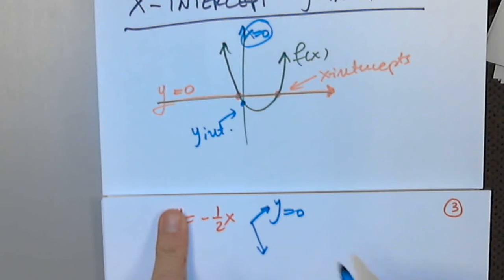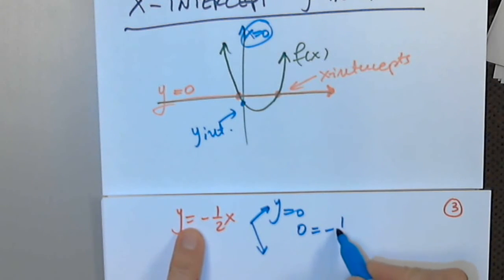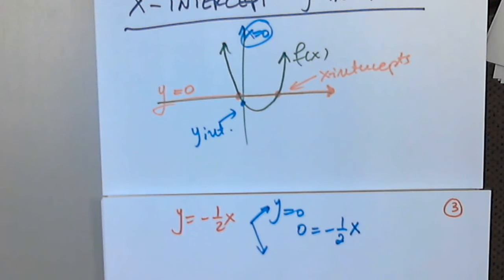So the equation becomes 0 equals negative 1/2 times x. Negative 1/2 times what equals 0? Negative 1/2 multiplied by blah is 0. What could it be? Of course, 0.